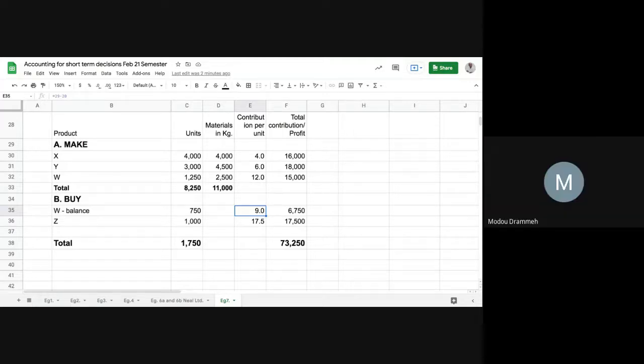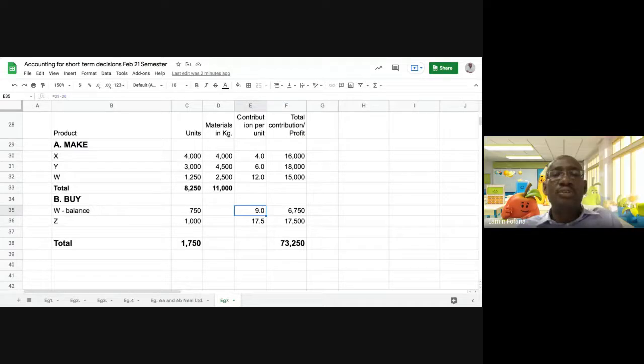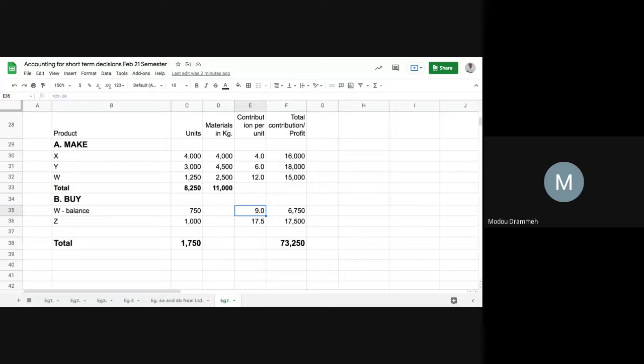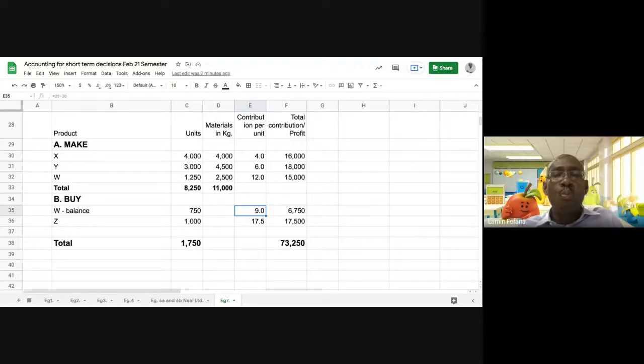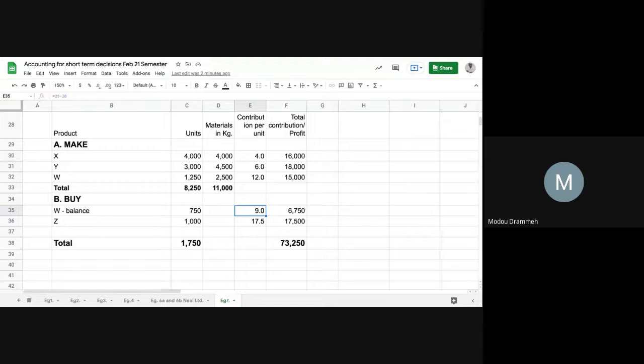Oh yeah, I know. I thought that you will apportion the 12 because we didn't produce all of W. That was my concern. If at all we produce the 2,500, that is the contribution for the question. So we didn't produce that. We produced 1,250 because that is what is available.